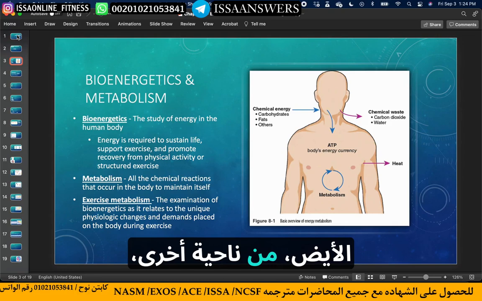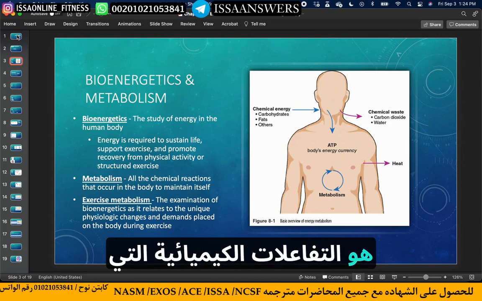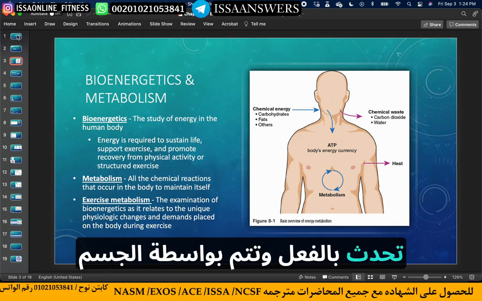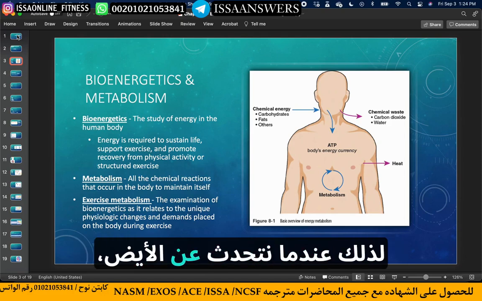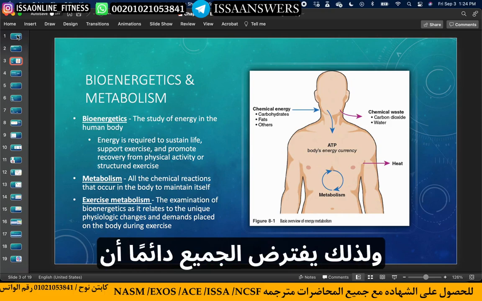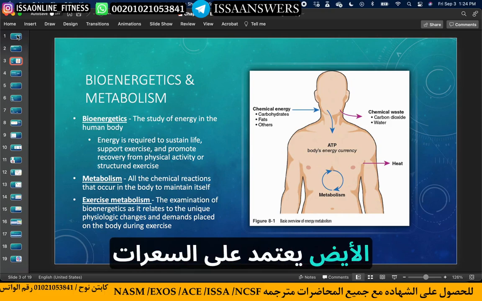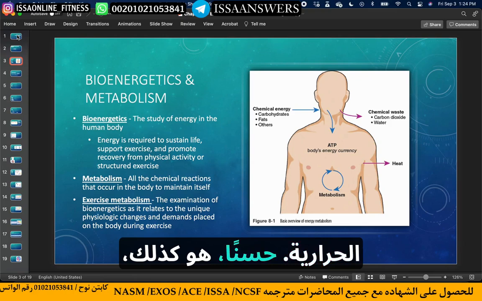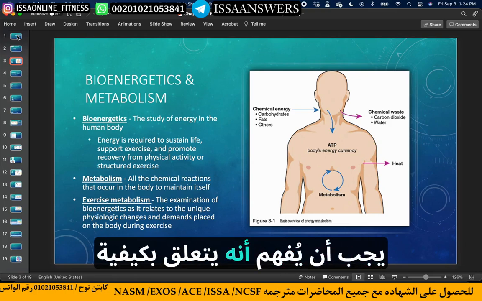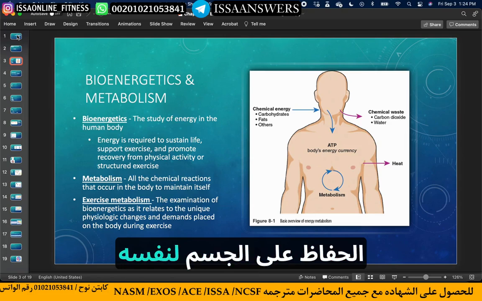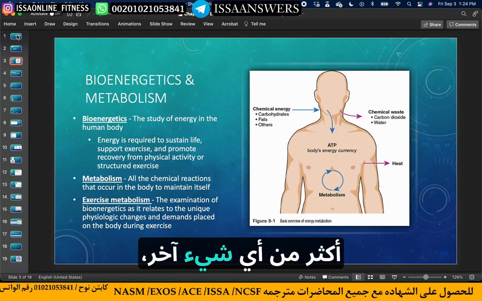Now, metabolism, on the other hand, is the chemical reactions that actually occur and are done by the body so that it can be maintained. So when we talk about metabolism, it's body maintenance. Everybody always assumes your metabolism is based on your calories. Well, it is. But it needs to be understood that it's about how the body maintains itself more so than anything else.